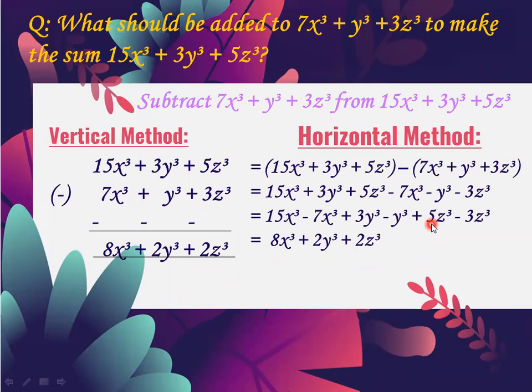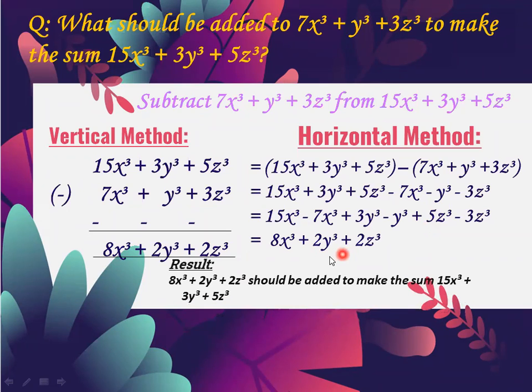Okay, as you know, the answer for the vertical and horizontal methods will remain the same. So in the result you have to write that 8x cube plus 2y cube plus 2z cube should be added to make the sum 15x cube plus 3y cube plus 5z cube.